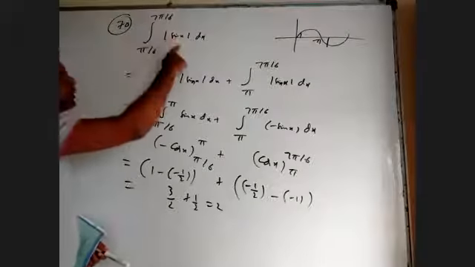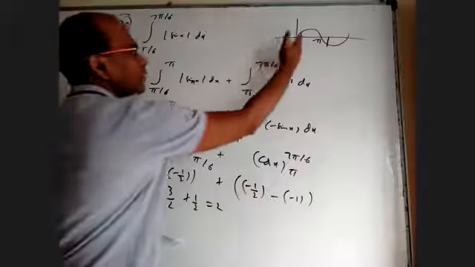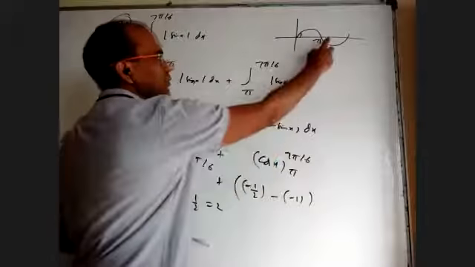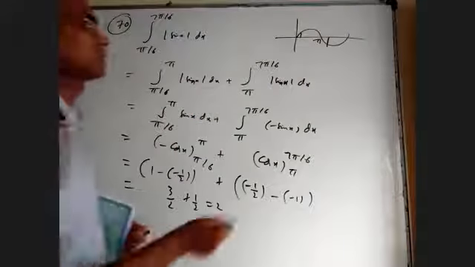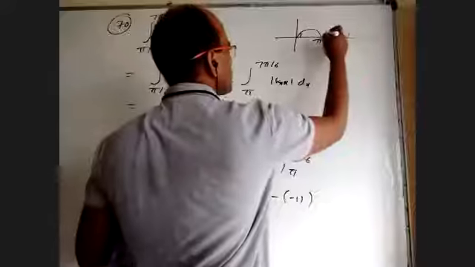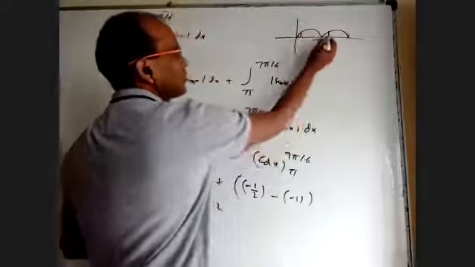There's also another way. This period is pi, and this gap is also pi. So whether you take from here to here or you take from 0 to pi, because mod sin x graph is periodic. I've just showed you to break the integral there, but otherwise the mod sin x graph repeats. So whatever is covered here, same thing will be covered here.